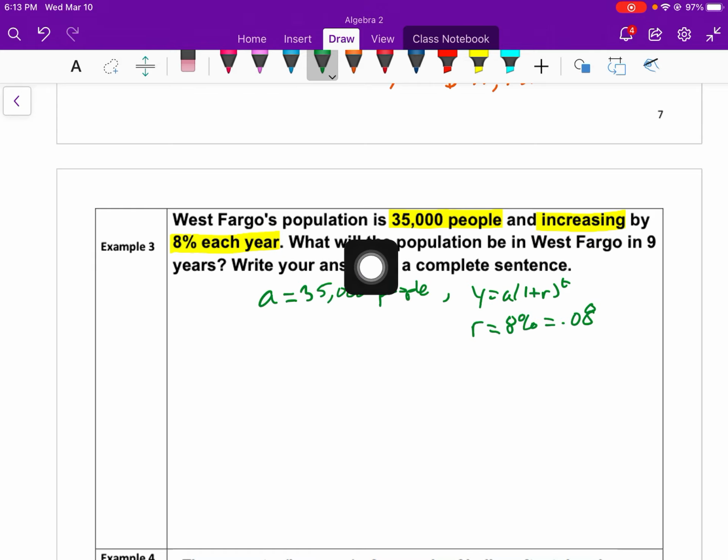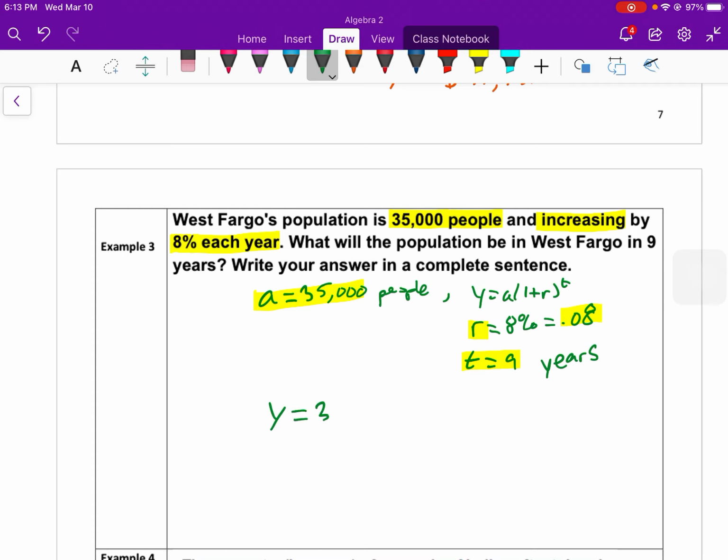And then finally, it says, what will the population be in West Fargo in 9 years? So we're going to want to plug in 9 for t years. So t equals 9 years. Now we can plug all these values in and solve for y.